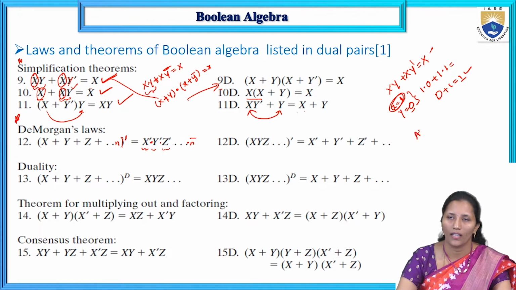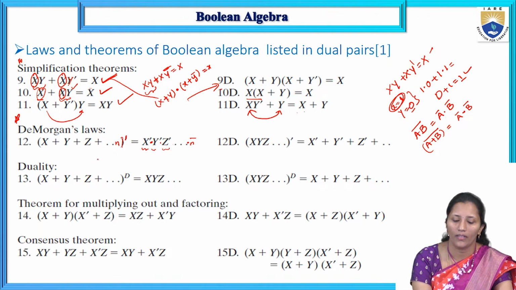Suppose I consider only two variables, A and B. So the complement of AB is equal to A bar plus B bar, and the other one is A plus B: the complement of the summation of the two variables is equal to the product of the individual complements of the variables.